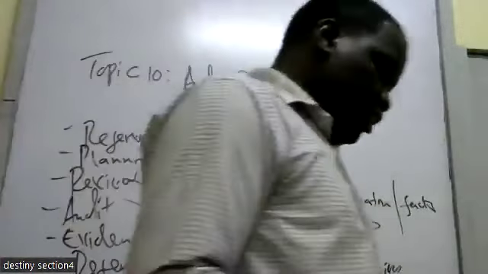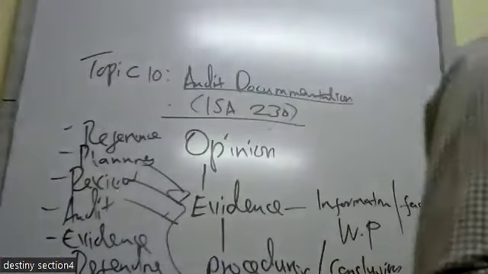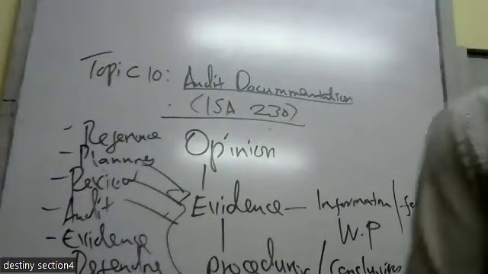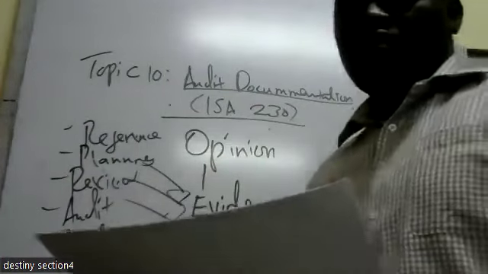Audit documentation is the record of all the audit procedures performed, relevant audit evidence obtained, and conclusions the auditor has reached. That's the definition of audit documentation.